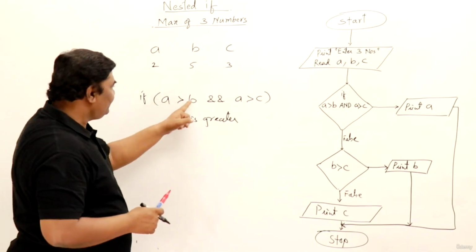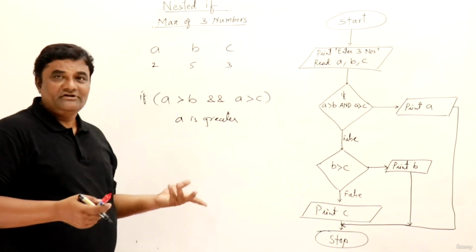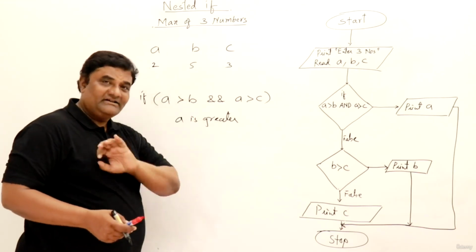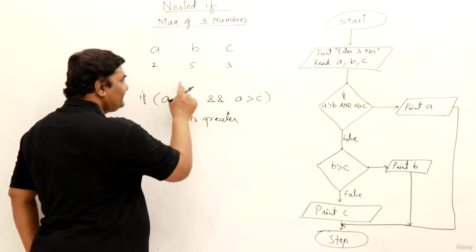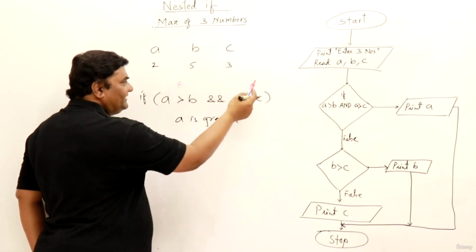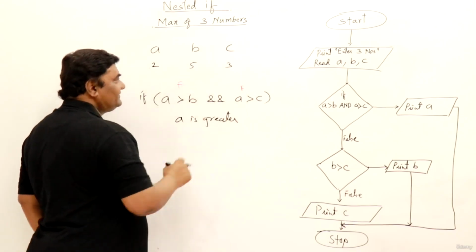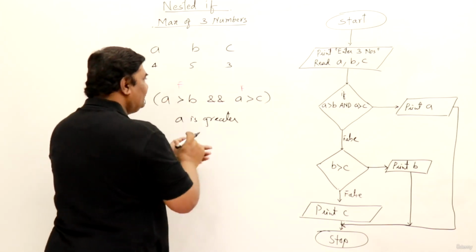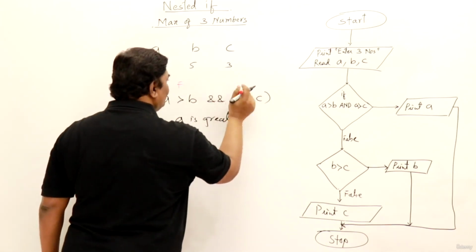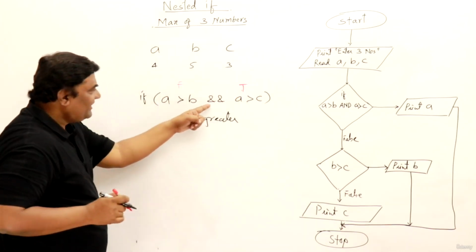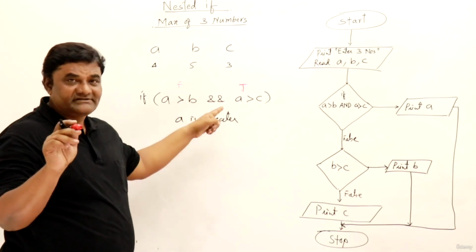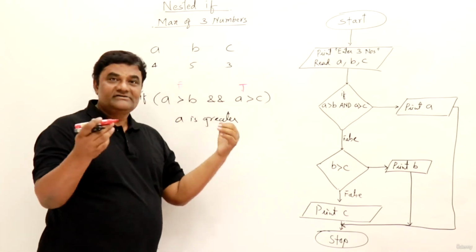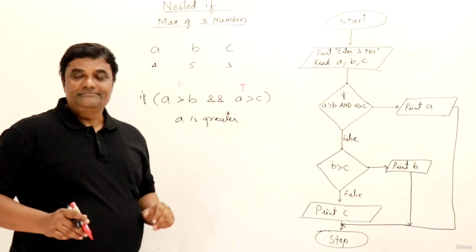Check this: A is greater than B. A itself is not greater than B, so that is false. And even if this is true, it fails, but this is also false. If A is 4, then this is false and this is true. Then what is the result of AND? We have learned about this in logical operators. False and true is false. So A is not greater.